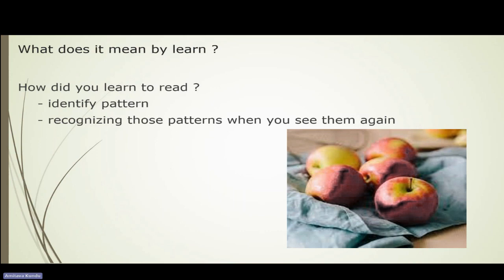See here, if you show some fruits to a kid for the first time, he or she cannot understand it. But if you tell them it's an apple, the second or third time, they'll get it.